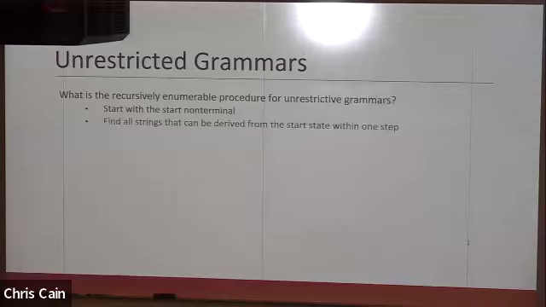Then we would find all strings that can be derived from that start state within a single step. So if that start non-terminal arrow had 17 different right-hand sides that we could replace that start non-terminal with, we would keep track of that set. We would have 17 running processes non-deterministically of here are all of the replacements that we could do from there.